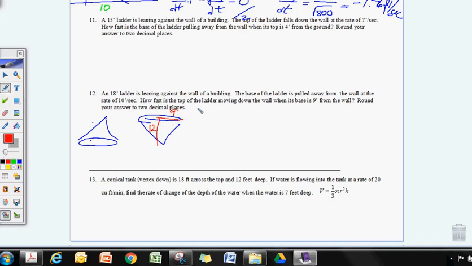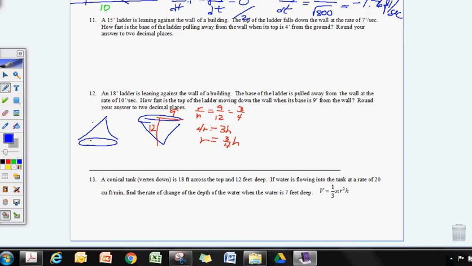And right away I know R compared to H would equal 9 compared to 12, or 3 compared to 4. So 4R would equal 3H, or R would equal 3/4 H. I'm going to use that to substitute into my equations.